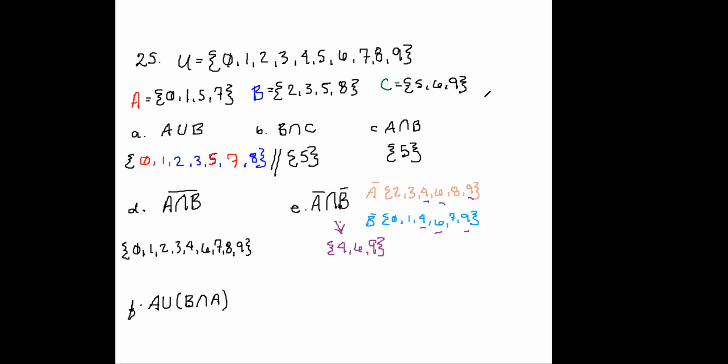We have the intersection of B and A. Have we already done this? Which is 5. Yes.